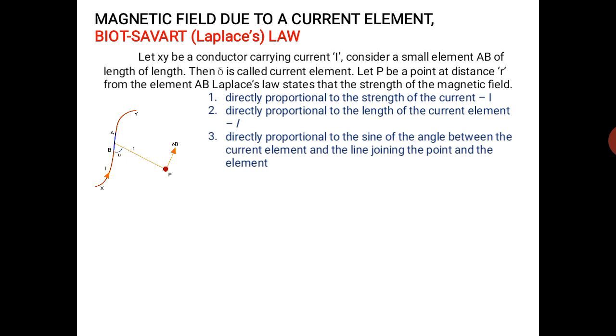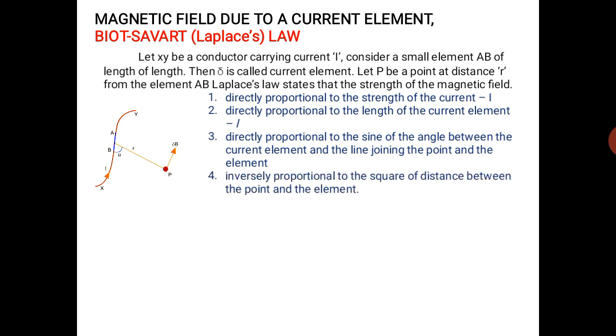Clear? So here theta is the angle between the current element and the line joining the current element to the point, and the magnetic field is proportional to sine theta. It is shown in this figure. Clear? Okay.